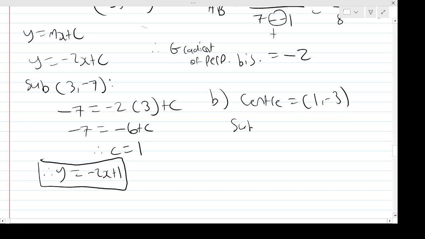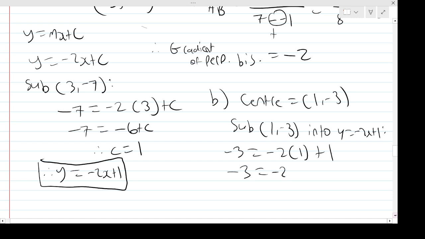So I'm going to sub (1, -3) into y = -2x + 1. Therefore y is -3, so then -2x will be -2 lots of 1 plus 1, which should get me -3 is -2 plus 1, which is -1.